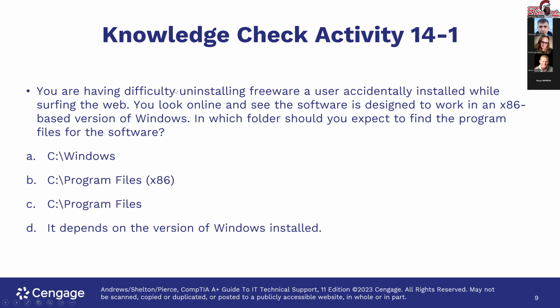You are having difficulty uninstalling freeware a user accidentally installed while surfing the web. You look online and see that the software is designed to work in an x86 based version of Windows. Which folder should you expect to find the program files for the software?